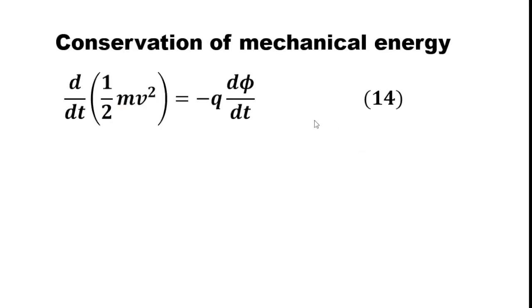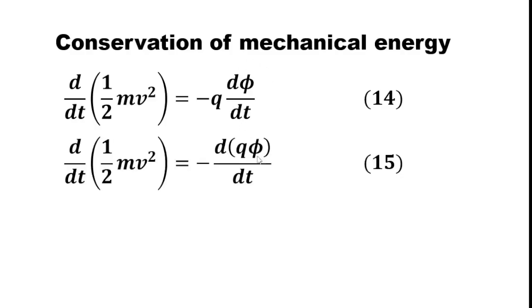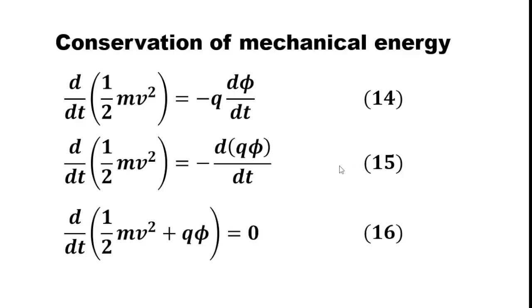Now we replace the dot product of gradient of phi and velocity vector in the equation of motion with the time derivative of phi. This q is constant. Therefore, we may take it inside the derivative. And equation 15 can also be written as shown in equation 16.